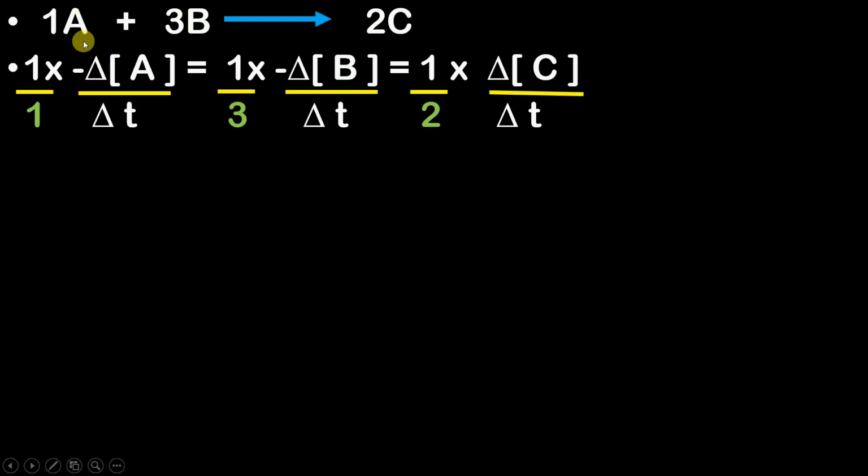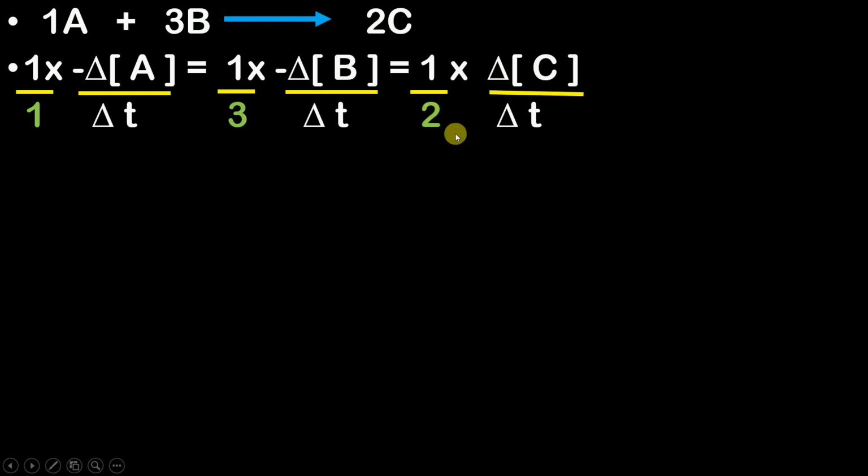So multiply the rate of A by 1 upon 1. Similarly, the stoichiometric coefficient of B is 3, so you are multiplying the rate of B by 1 upon 3. And the stoichiometric coefficient of C is 2, so you are multiplying the rate of C by 1 upon 2.